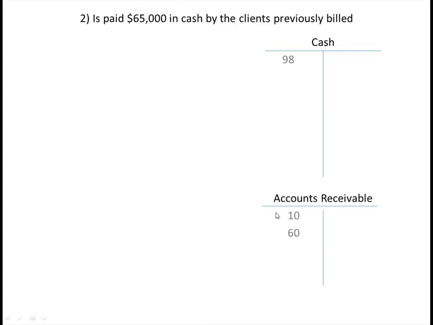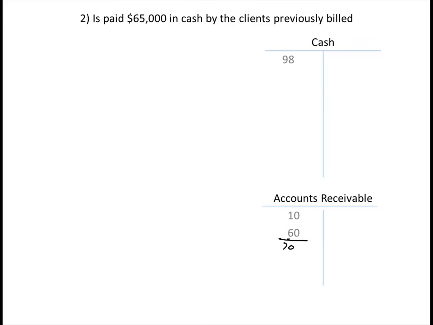Now, if we hadn't included the $10,000 initial balance, and we tried to collect $65,000 in cash off of our accounts receivable, there'd clearly be a problem there, wouldn't there? So it's very important for us to recognize that we are in fact now owed a total of $70,000, not just the 60.